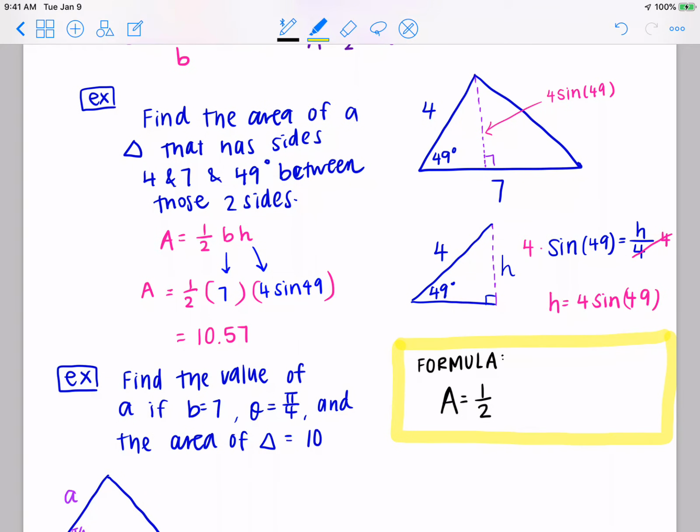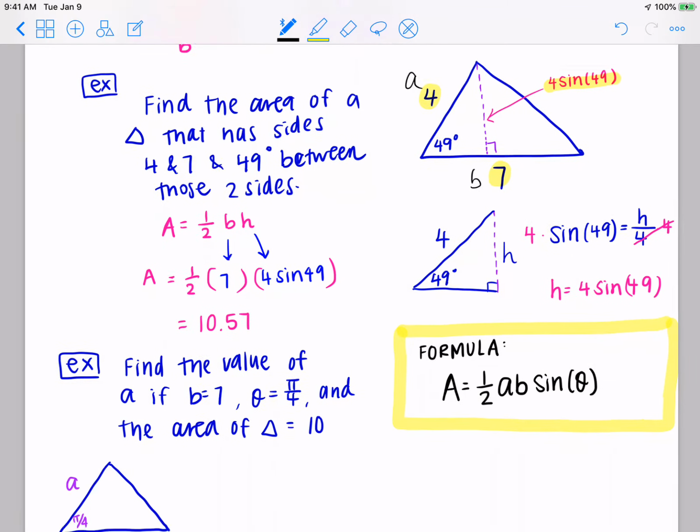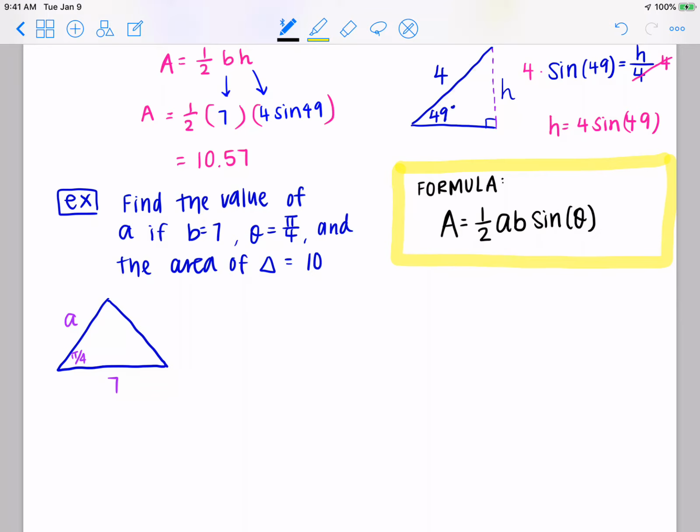Remember up here, we replaced it with the sine of the angle. So we actually need these two numbers right here, and usually we call them A and B. So we would need A and B and sine of our theta. That's our formula.